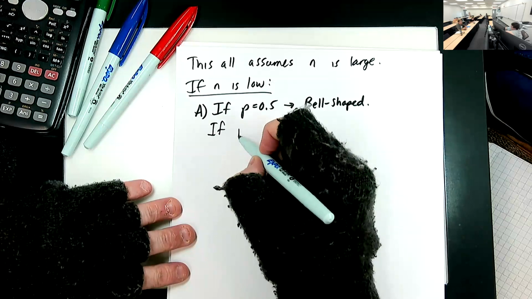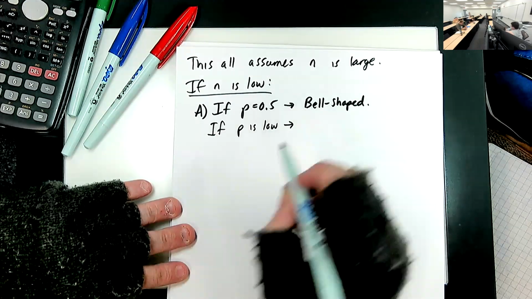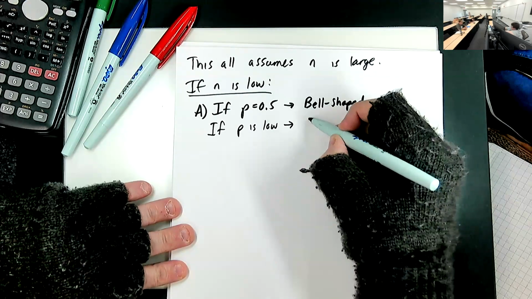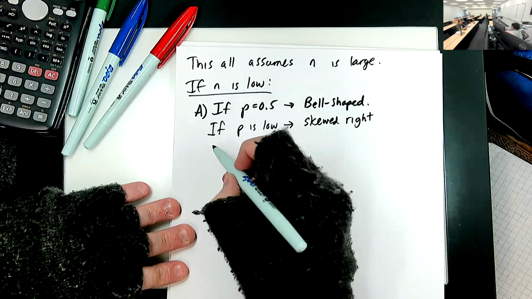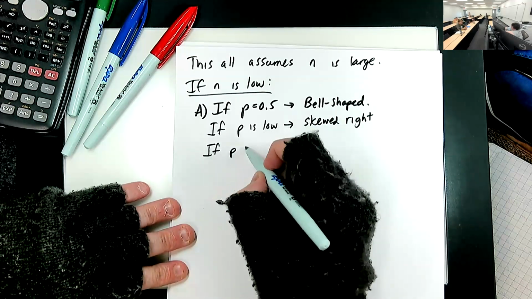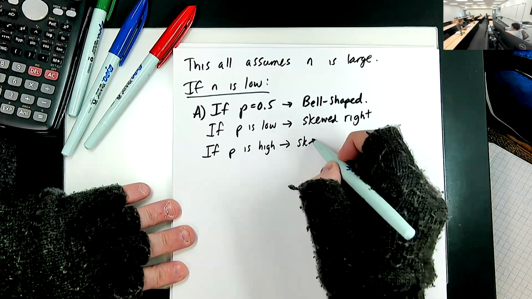If p is low, this is skewed right. And if p is high, this is skewed left.